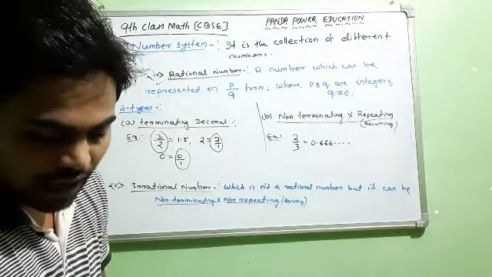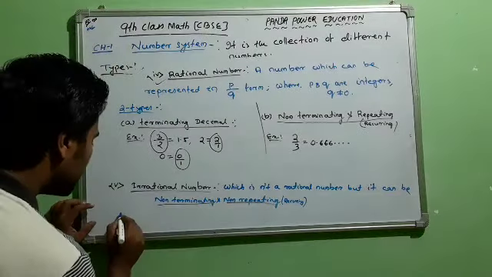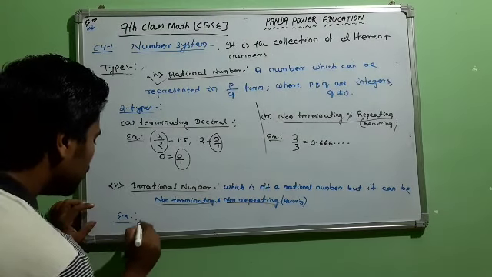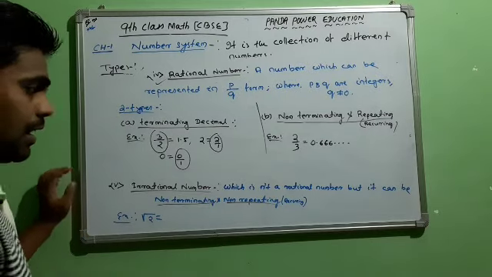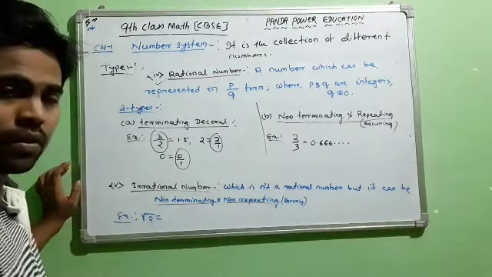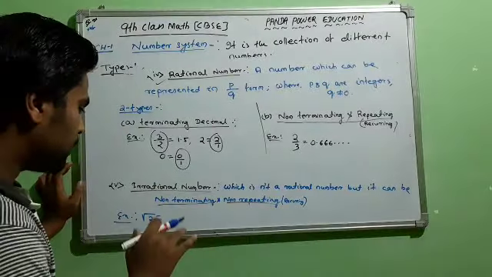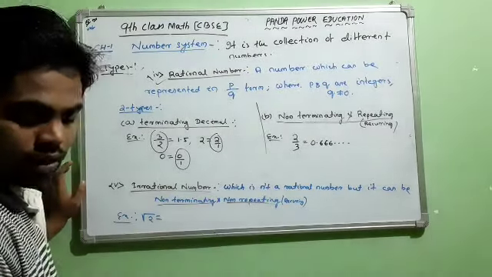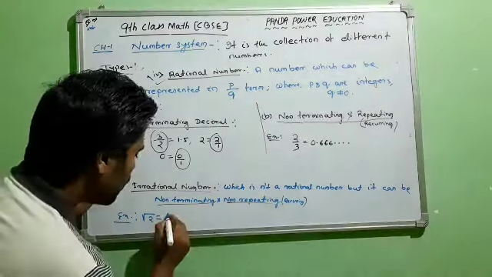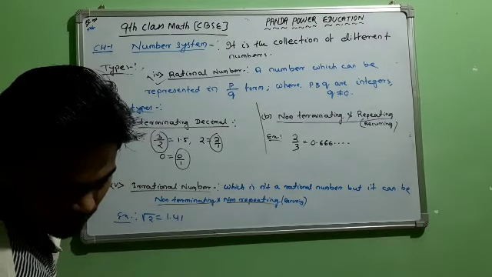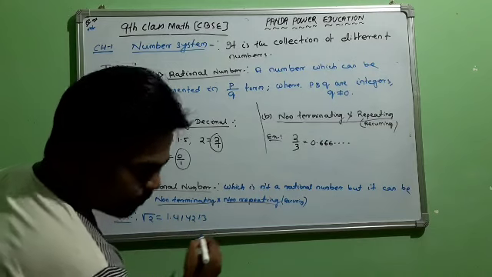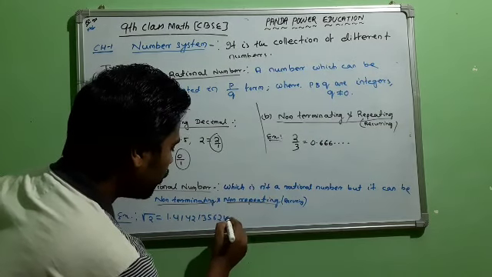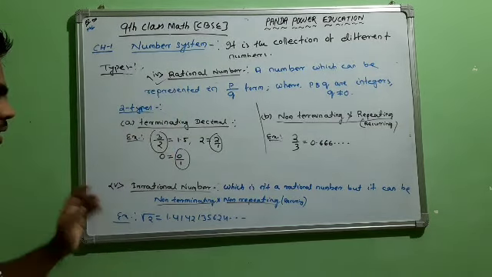I'll give an example so you can understand easily. Root 2. Take a calculator and press root 2. The value comes like this: 1.4142135624 and so on.